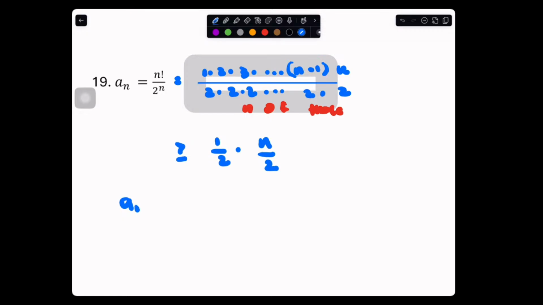So let's take a look. a_n is greater than or equal to n over 4 now. And this is for n greater than 1.